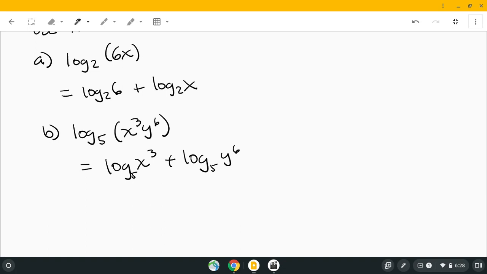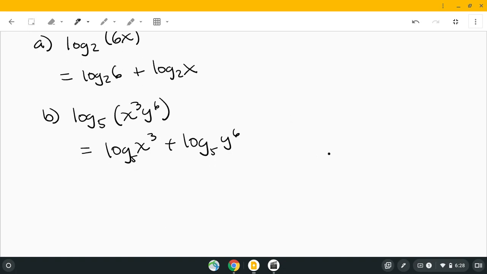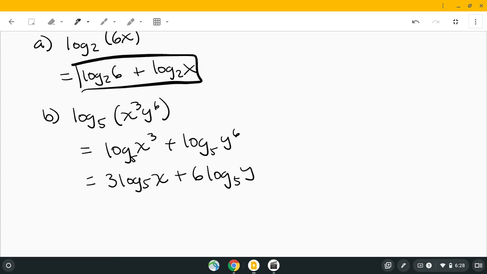But then we also have these exponents, so I can bring those exponents down. That's that third property, that third law. So 3 log 5 x plus 6 log 5 y. Okay, and this would be your answer. I guess I should maybe box my answers. This would be your final answer here.